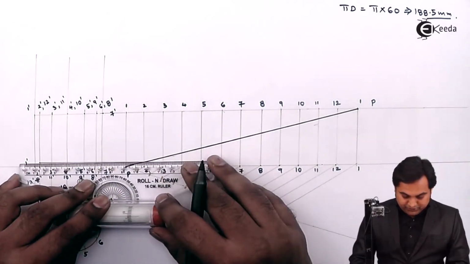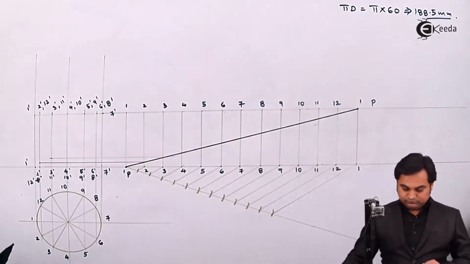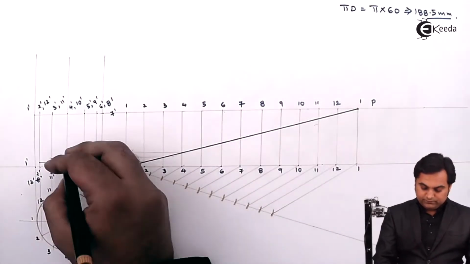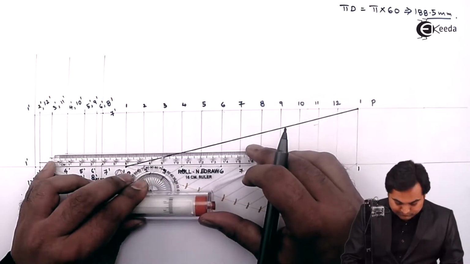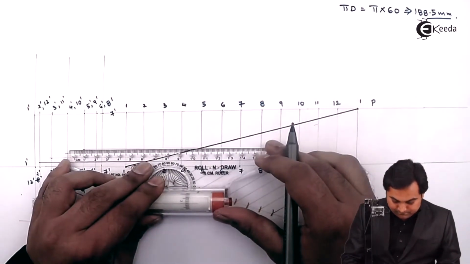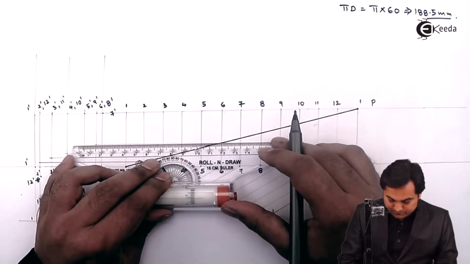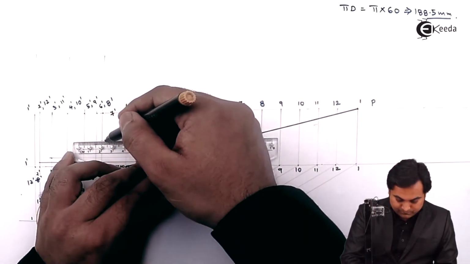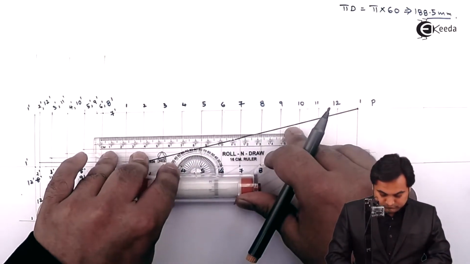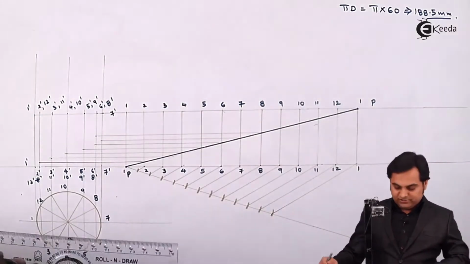Next for point 3, point 4, point 5, point 6, point 7, point 8, as 6 and 8 are onto the same location.